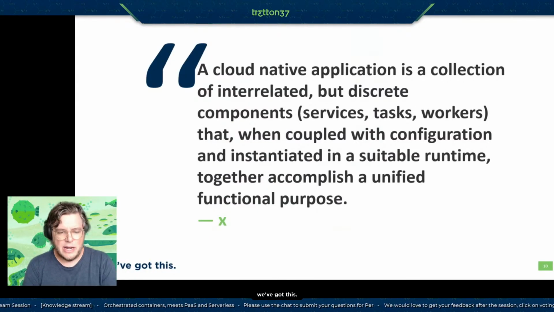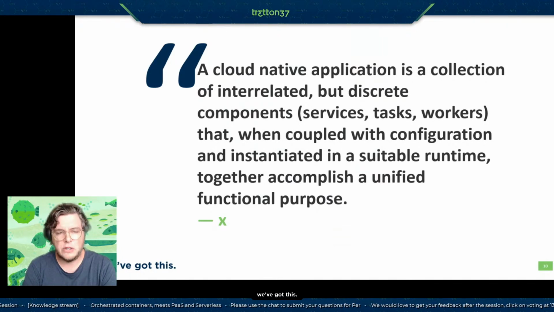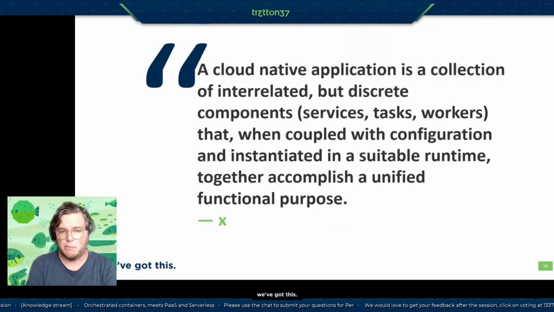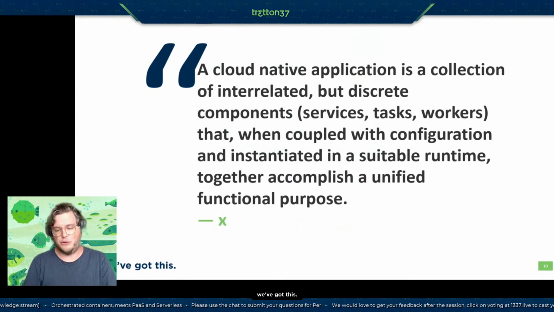But what is cloud native? So one definition could be that a cloud native application is a collection of interrelated but discrete components, services, tasks, and workers that, when coupled with configuration and instantiated in a suitable runtime, together accomplish a unified functional purpose.